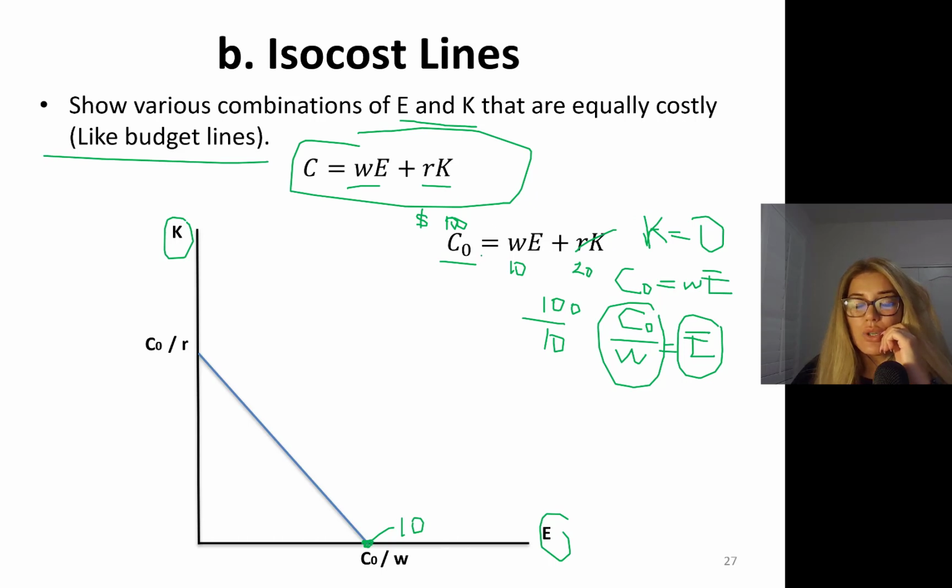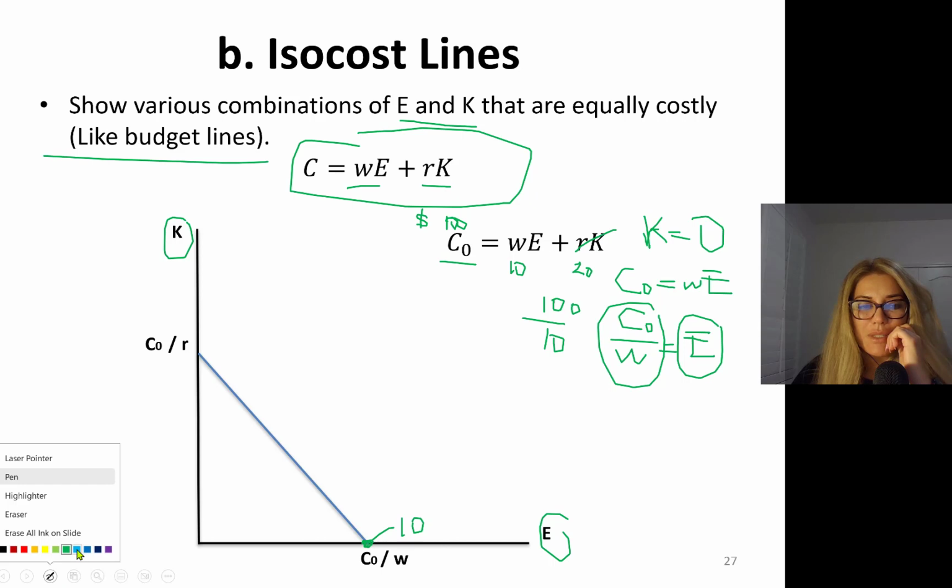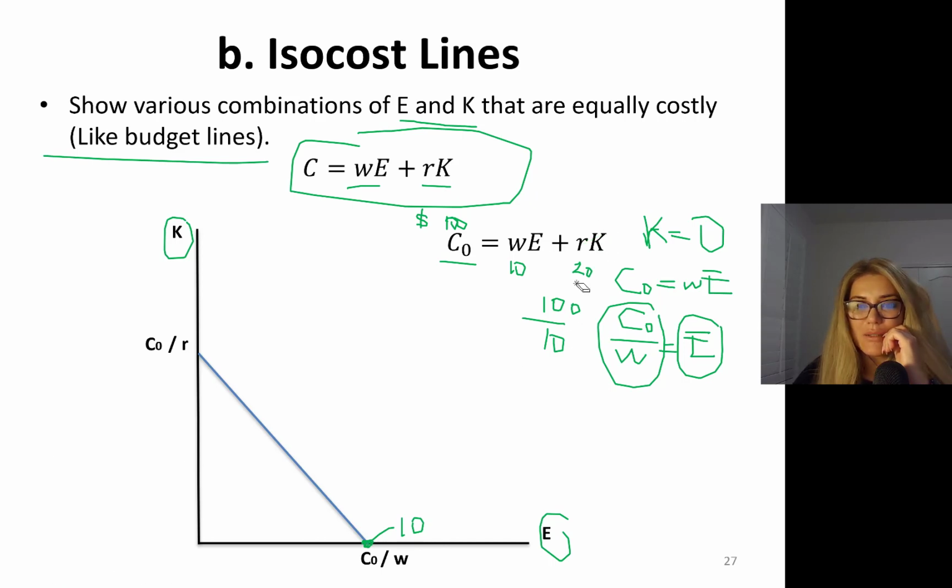Let's look at the other case. What if we hired only capital? The other extreme, I am not hiring any workers. This is 0. So you would get C0 equal to RK.